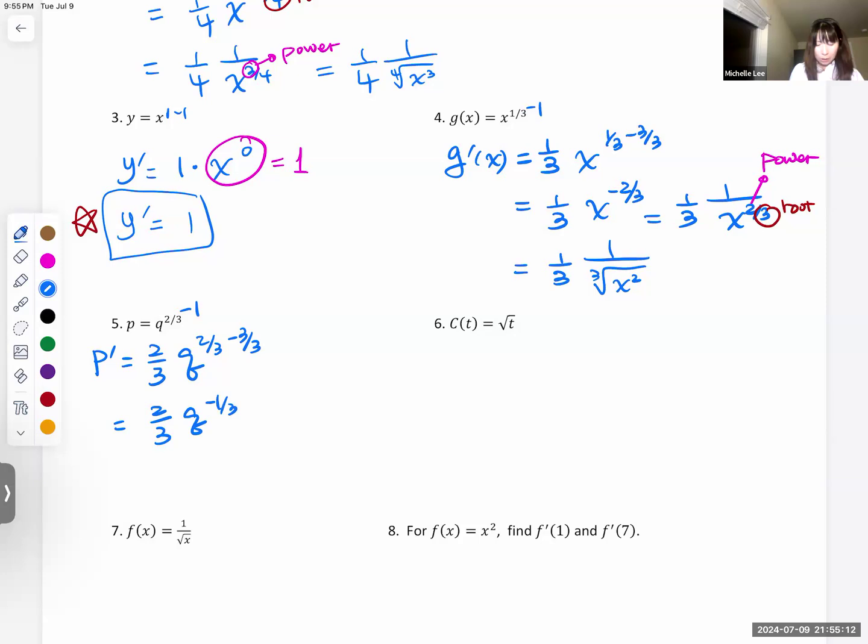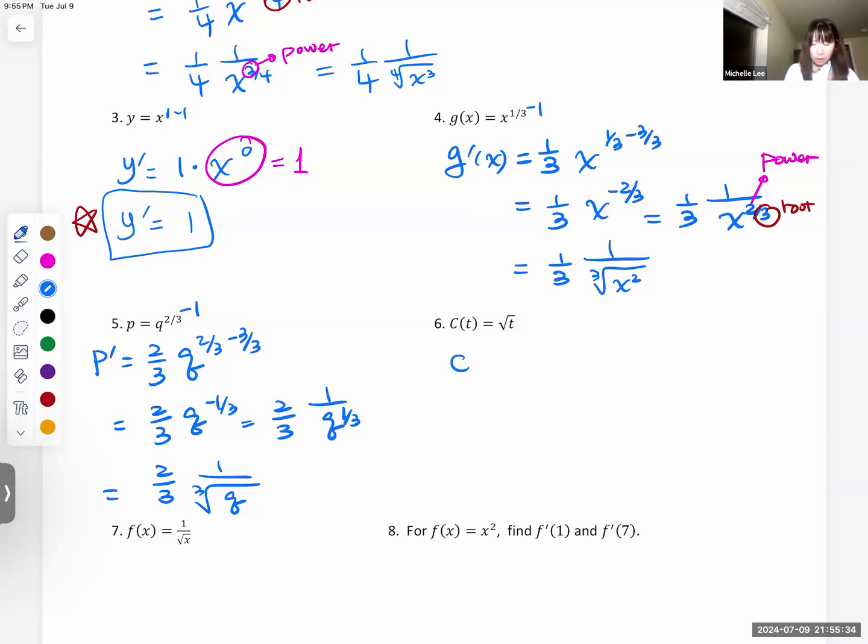So we can express this as 2/3 times 1 over q to the 1/3. And that will be 2/3 times 1 over the cube root of q to the first power. But we don't normally write the 1, right? So that is the one.